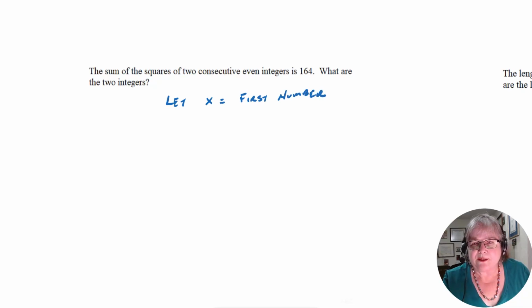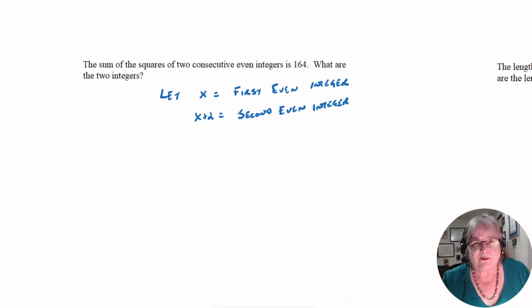Not all teachers make you say let x equals. If that's the first number, and you may want to be specific and say it's the first even integer, the next one is going to be 2 over from wherever the first one is. So this would be the second. And we don't have to have a third or a fourth. We just had 2. So this is all I have to name. So the first integer is x, the next one's 2 more.